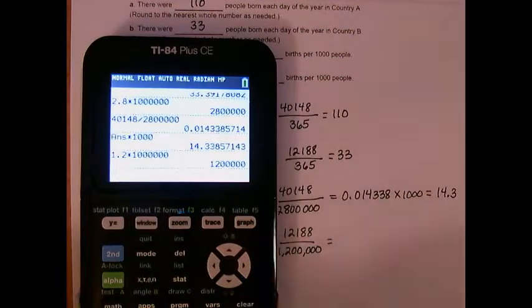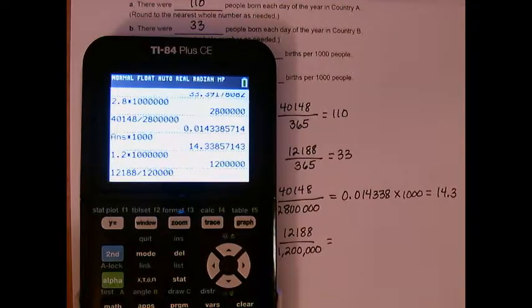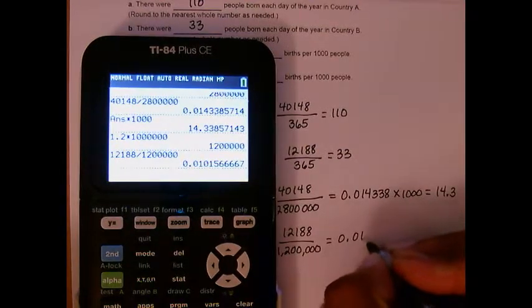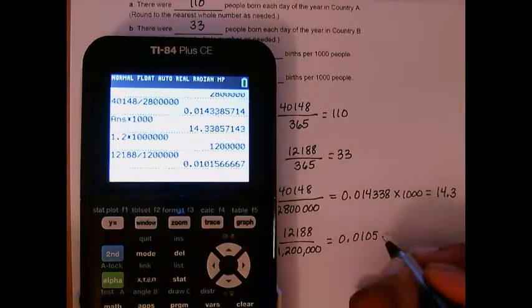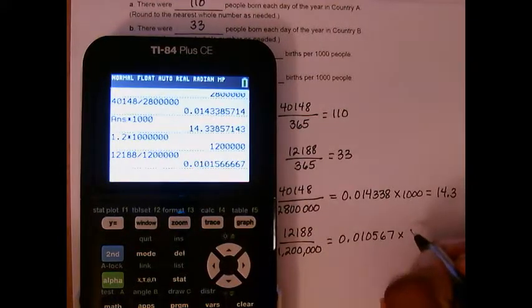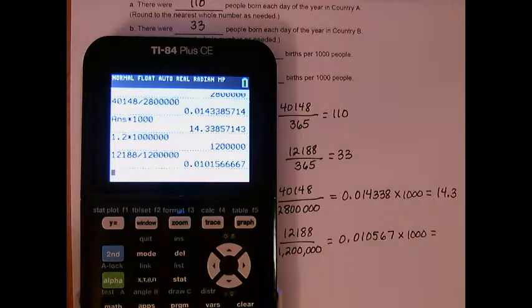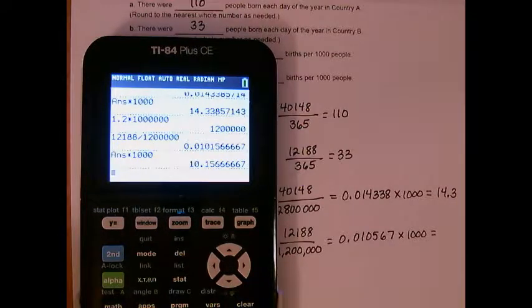So take 12,188, divide that by 1,200,000. We're going to say that's going to be 0.010567. But of course we need to multiply by 1,000 because it says births per 1,000 people. So multiply that decimal by 1,000.